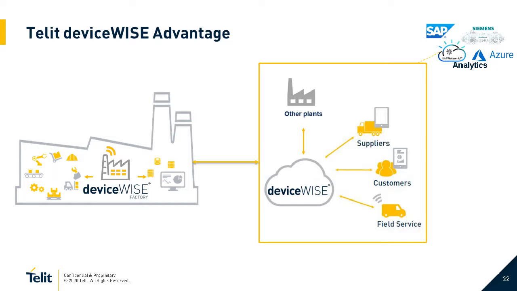Okay, so Devicewise is one of the other software assets in the Telit portfolio. This is a very powerful edge agent that allows us to integrate data from the industrial IoT space into these same IT and business systems. We have relationships and connectors to all the major industrial vendors, whether it's Rockwell Automation, Mitsubishi Electric, Siemens, ABB, Bosch.